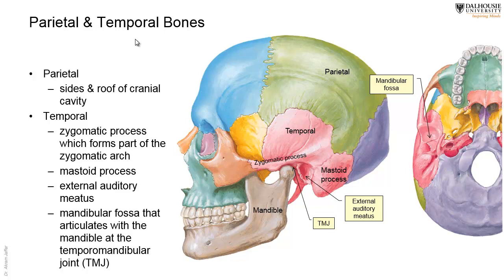This is the mandibular fossa, because it articulates with the mandible at a joint which is called the temporomandibular joint. So if you put your finger in front of the auricle, in front of the tragus of the ear, and open your mouth, you will notice that your finger dips in. If you open your mouth, your finger dips in because the mandible moves, and this is the location of the temporomandibular joint, just in front of the tragus of the ear.